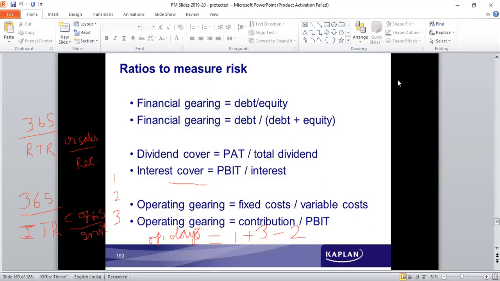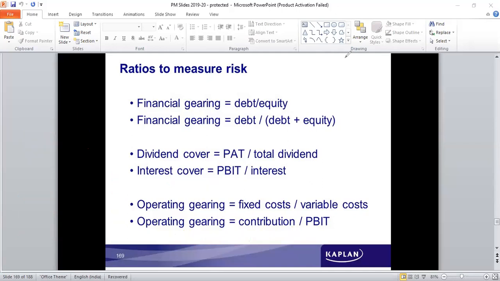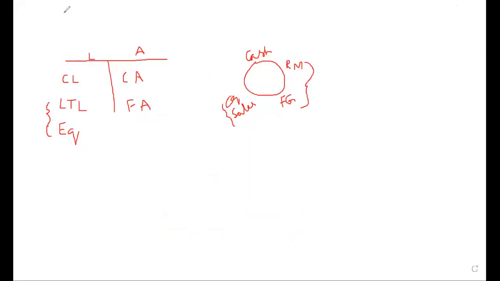Next, we have ratios to measure the risk. Risk is a situation which arises because of the long-term capital structure. Basically, we see that there are two different types of capital.